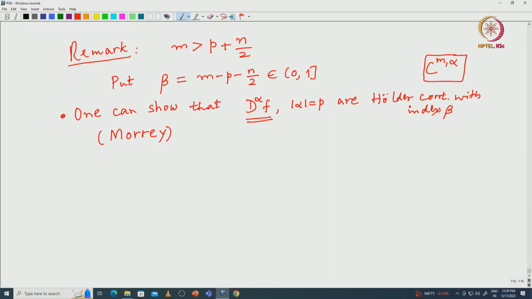So, smoothness plus some Hölder continuity of the highest order derivatives. Okay. So, with this remark, now I just want to do one last thing. In fact, in one of the previous classes I stated this. So, let me just again state it.